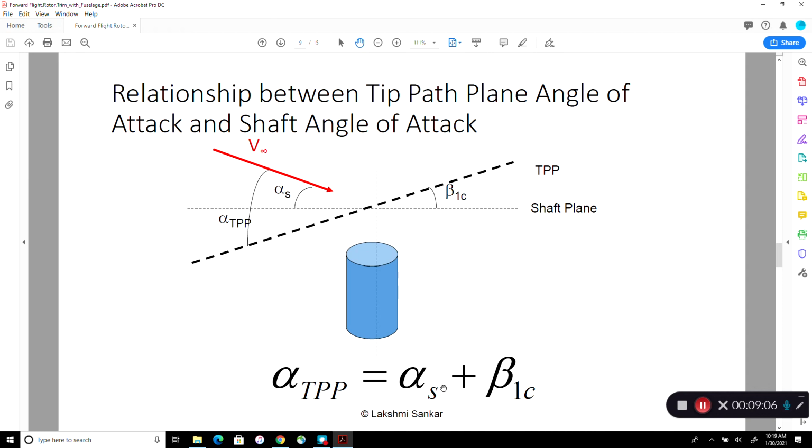Okay. So the shaft angle, that means how is the shaft oriented relative to V infinity, that's the alpha shaft. Okay. So this is the shaft plane, the free stream, so this is the alpha shaft. This is the blade flapping response, beta 1c, that defines the alpha tip path plane.